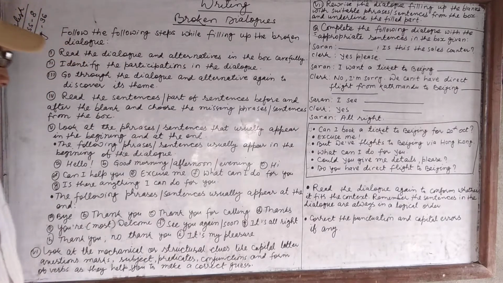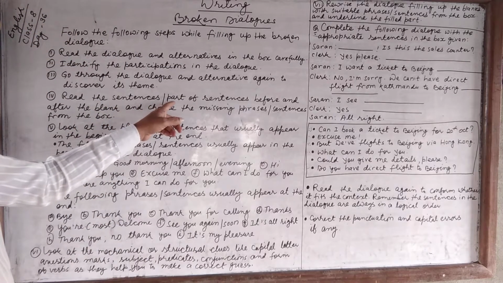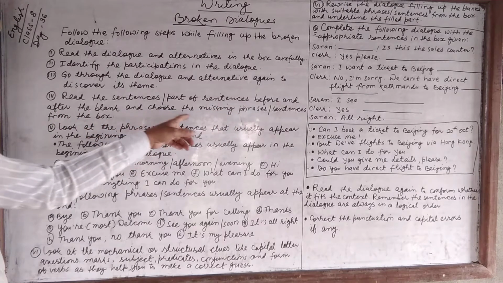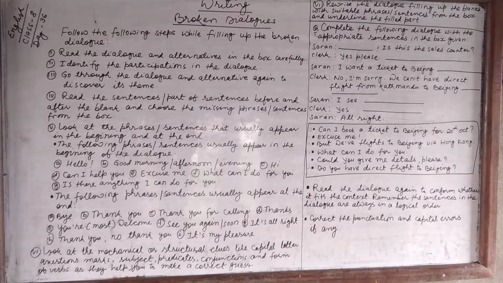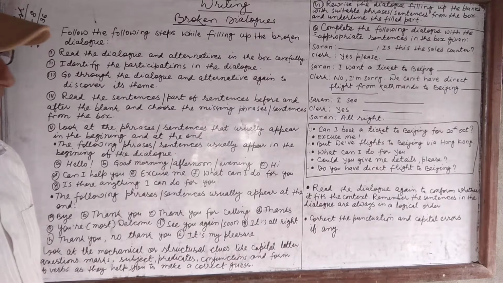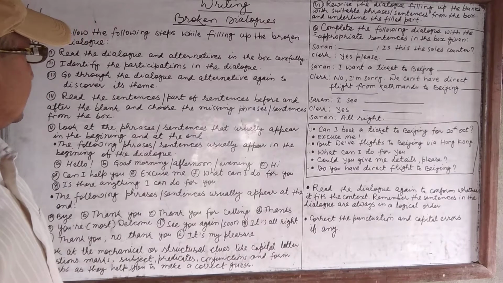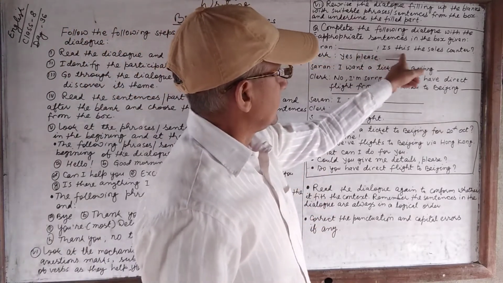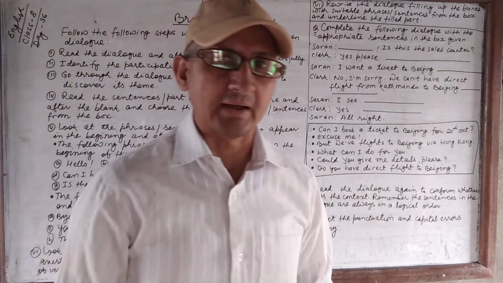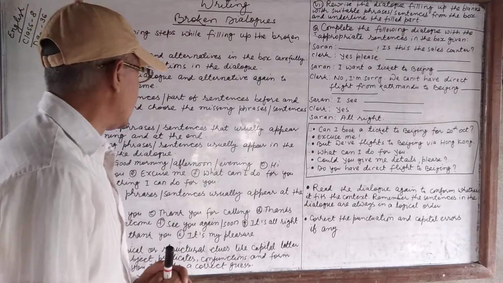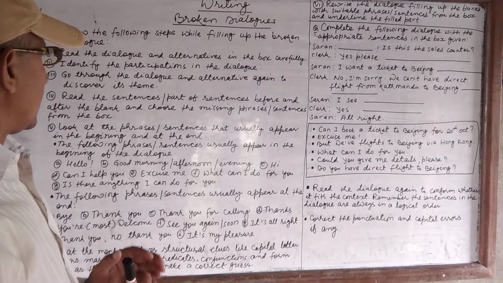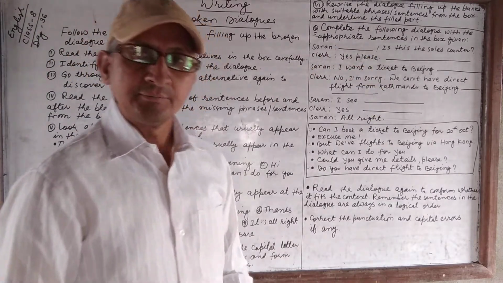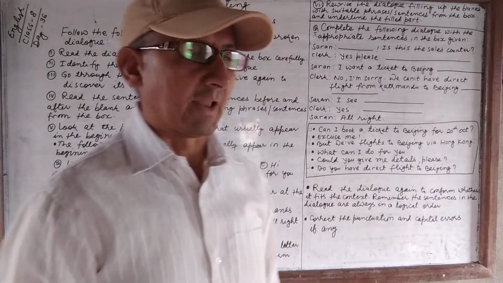The next step is read the sentences, part of sentences before and after the blank, and choose the missing phrases or sentences from the box. Sometimes a sentence or part of a sentence is given, and to fill up the gaps, you have to read the sentence after the blank or before the blank.